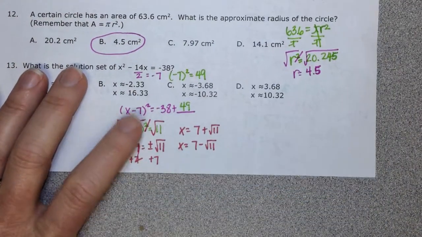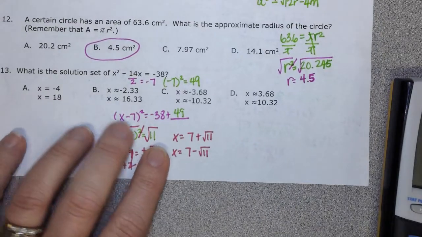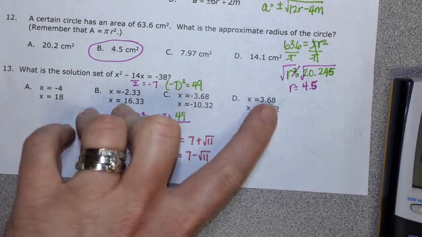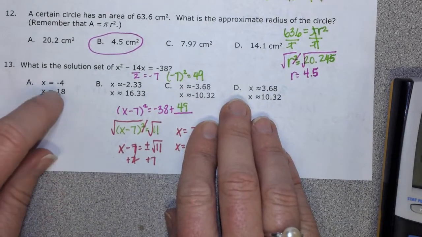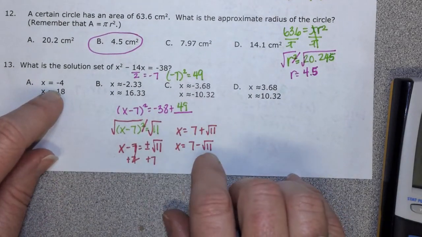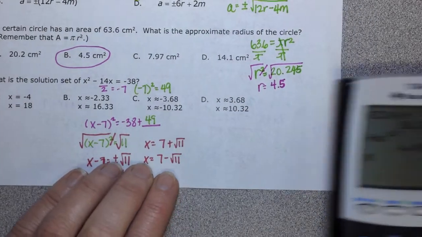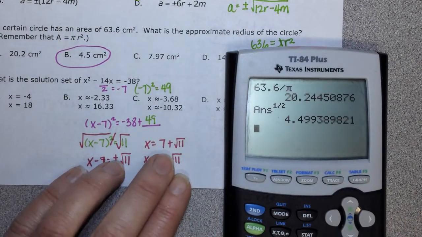Okay, and then I'm going to use the calculator to find the approximations of the solutions, because that's what these squiggly lines mean, that it's approximately, and then these would be exact, but I know it's not going to be exact because my 11 is not a perfect square. Okay, so in the calculator, I'm just going to plug it in just like I have it written here.